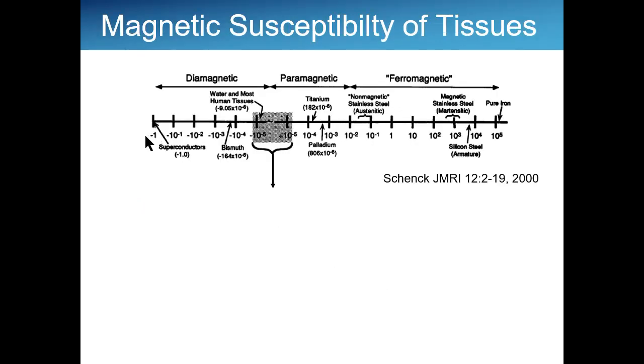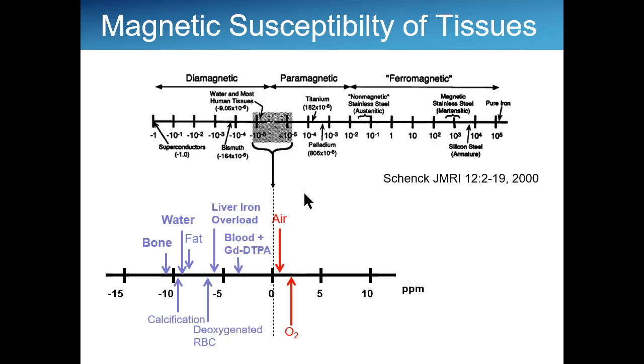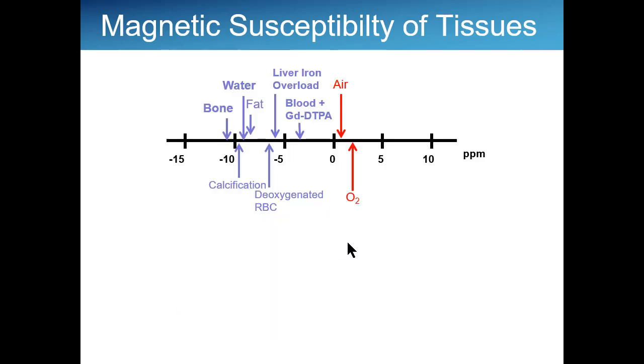So if we look across the whole spectrum of materials, you can have a pretty wide range of susceptibility values, but focusing in on what's mainly relevant for MRI, we're mainly interested in what's going on around the susceptibility of water, which is minus 9 parts per million, but also the relationship to the susceptibility of air, which is close to 0.